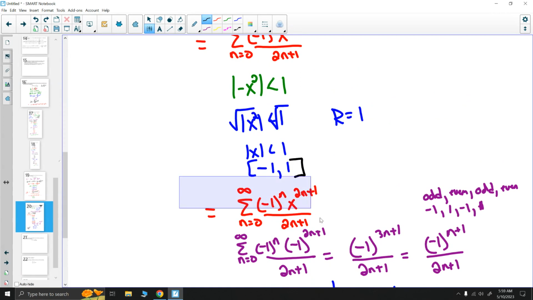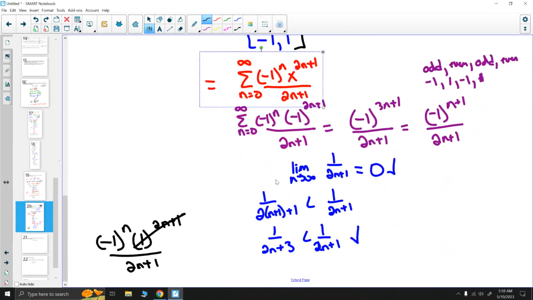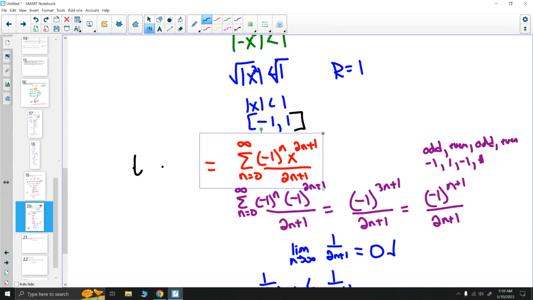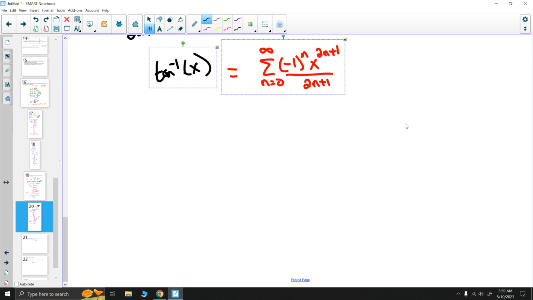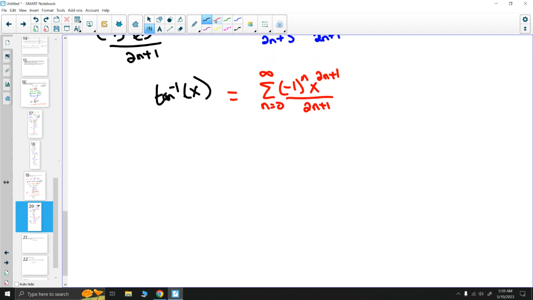Now, with our interval of convergence, -1 to 1, let's see whether this series, which is equal to our tangent inverse x, agrees with the graph. Let's first write out the first couple terms in our series.